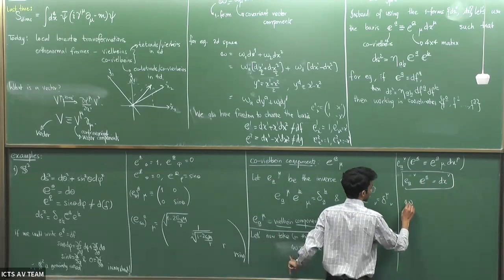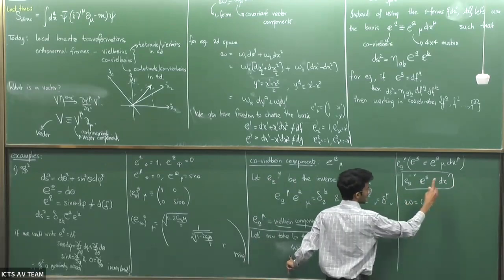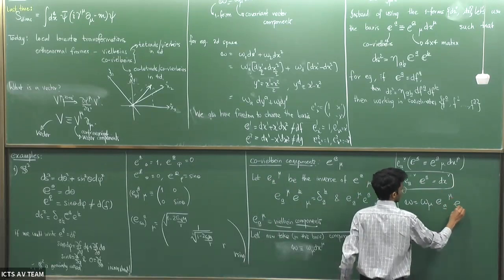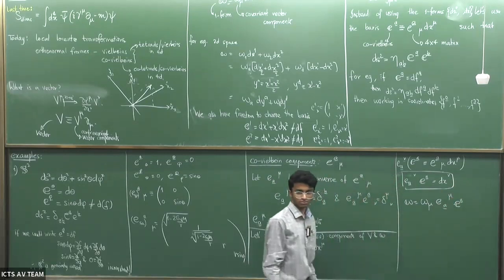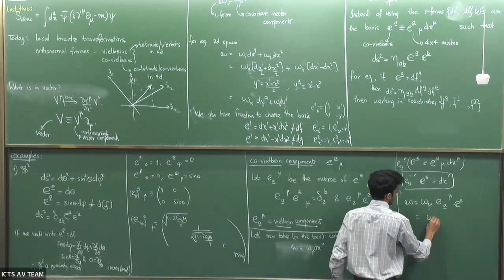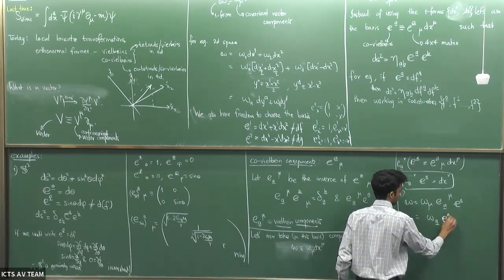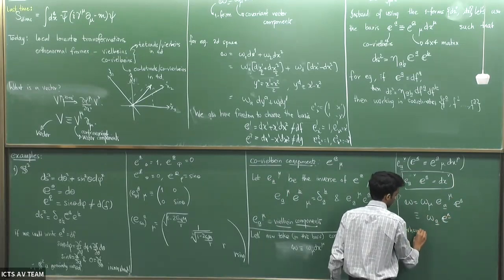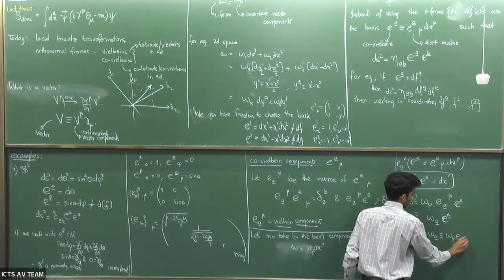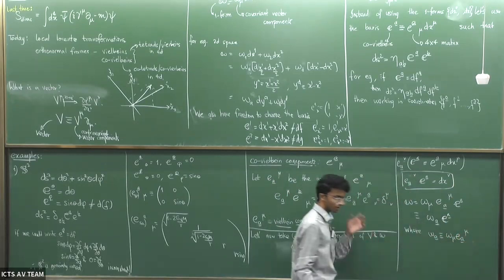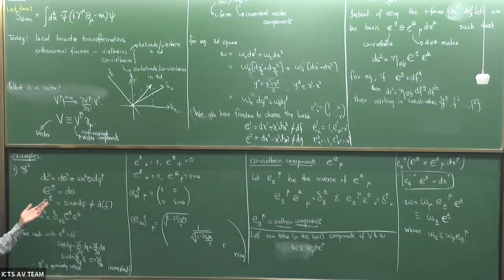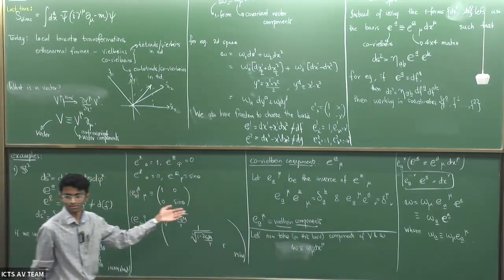If you put that in here, you get omega is omega mu dx mu, but dx mu is just E A mu E^A. So in the basis of these one forms, I will define the coefficient omega A. So far, everything might have seemed like a change of notation, just going from mu indices to A indices with bars.